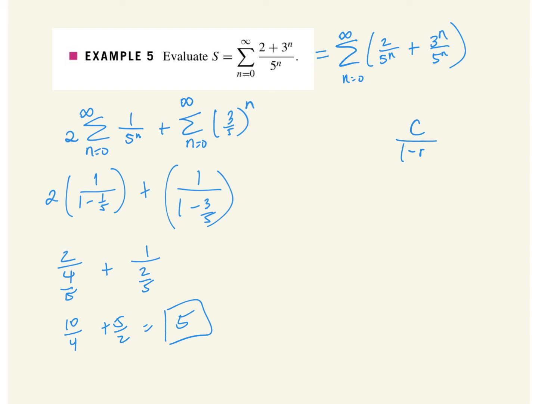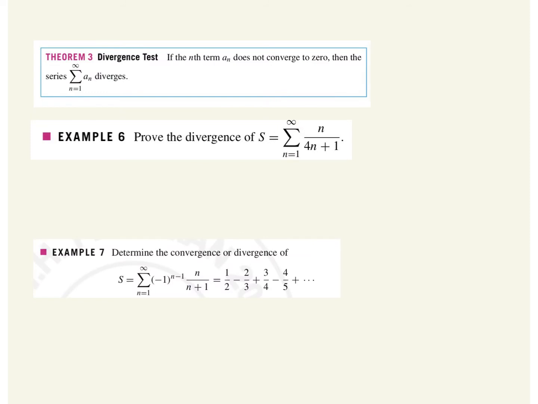All right, this next test, Theorem 3, is called the divergence test. This is one of those things that has to do exactly as it says. And what I mean by that: the divergence test says if the nth term a sub n does not converge to 0, then the series from 1 to infinity of a sub n diverges. Right?